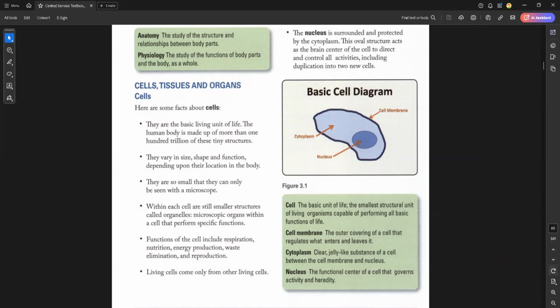Now, they vary in size. Please, I'm going to explain this, and everybody, listen to me. They vary in size, shape, and function. Let me talk about the shape and function. Now, our fingers are elongated, our fingers are long. So the cells in the finger should have an elongated shape.